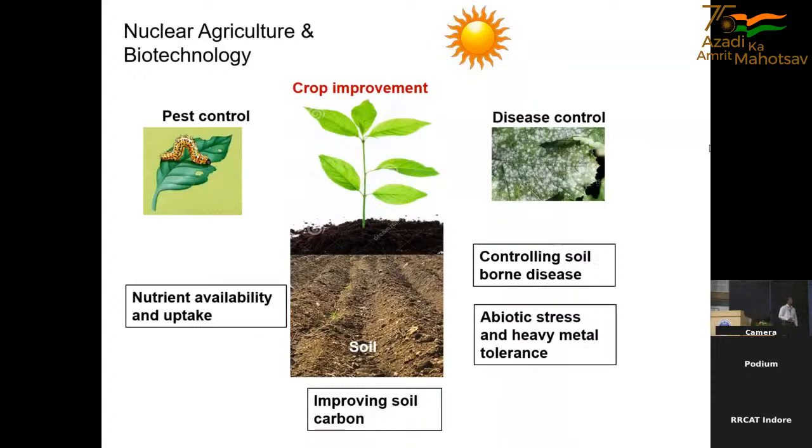And we are using different spin-off technologies like biocompost and improved microorganisms to convert agricultural waste into suitable farmyard manure. Those are again used in the soil to increase the soil carbon. Again, we are using various biostimulants and other approaches like bioremediation to recover the soil from heavy metals. And again, controlling the soil-borne disease with antifungals like Trichoderma.